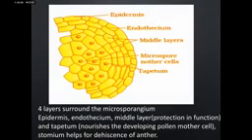This is an enlarged portion of one side of the anther. In this picture there are four layers you can observe. The first layer is epidermis, the second layer is endothecium, the third layer is the middle layer and the fourth one is tapetum.